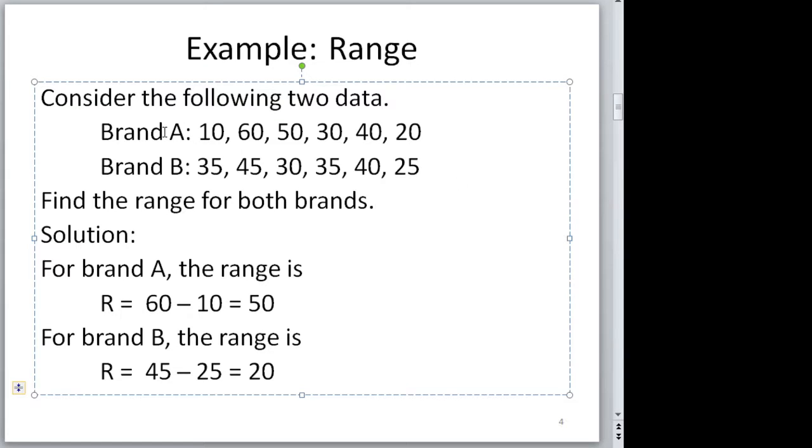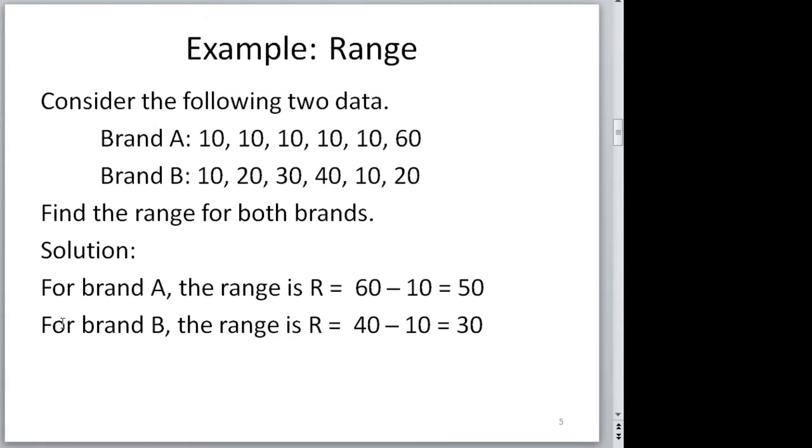It looks like brand A is more spread out, ranging from 10 to 60, and brand B is rather concentrated compared to A. So the range for A is 60 minus 10, which is 50, and for brand B, the largest value 45 minus the smallest value 25. So there we have these two ranges.